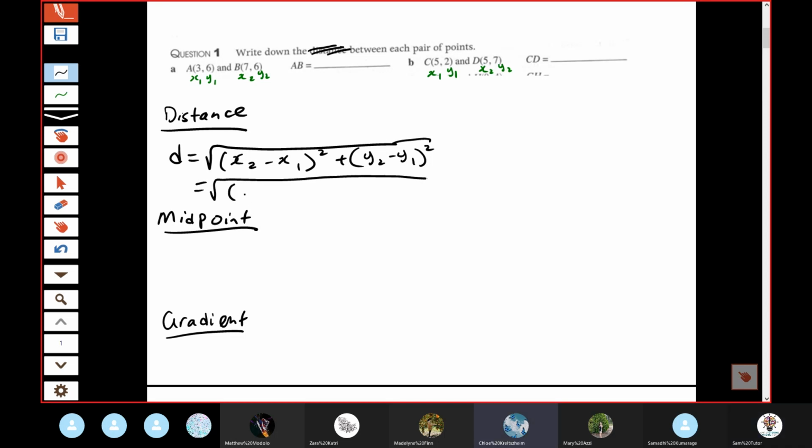Would you put 7 minus 3, all squared, plus bracket 6 minus 6, all squared. Beautiful. And then pretty much just plug all this into your calculator. 6 take away 6 is 0, 7 take away 3 is 4, 4 squared is 16, square root of that is still 4. Plug it into your calculator, double check if you want, but that's it.